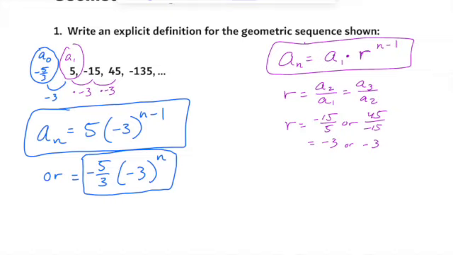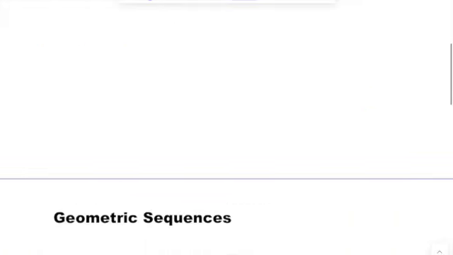Okay, so just one more example here. Write the explicit definition for the sequence shown. And again, you want your first term, that would be 54. Your r value, that common ratio, what are you multiplying by? Maybe this is not that obvious to you, but you can take any term and divide by the previous term, if it in fact is geometric.